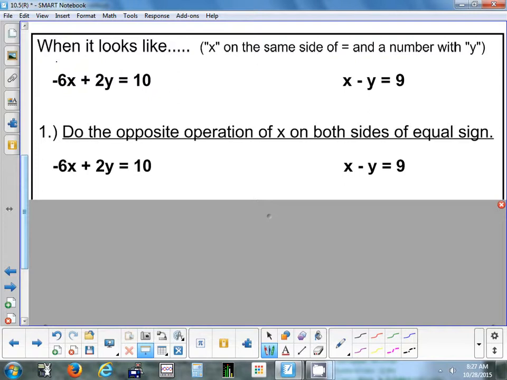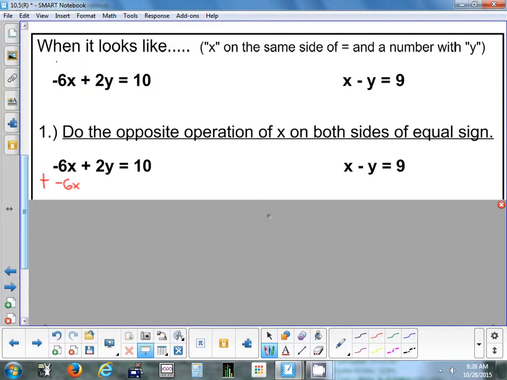Okay? So, it says do the opposite operation of x on both sides. For this first example, who can tell me what's the first thing I'm going to do for that negative 6x plus 2y equals 10? Kevin. Add negative 6x?